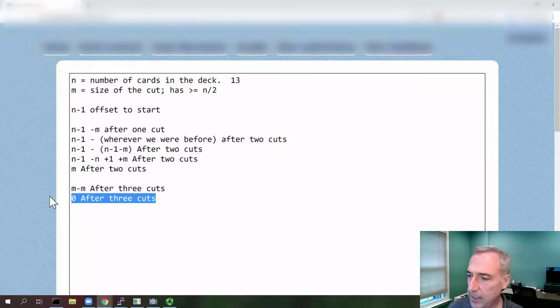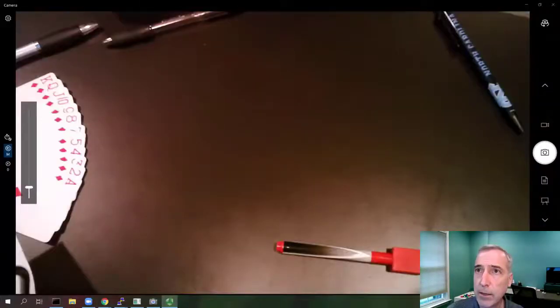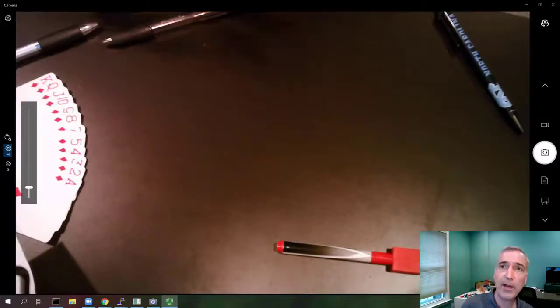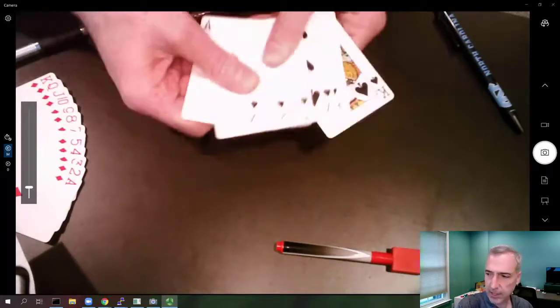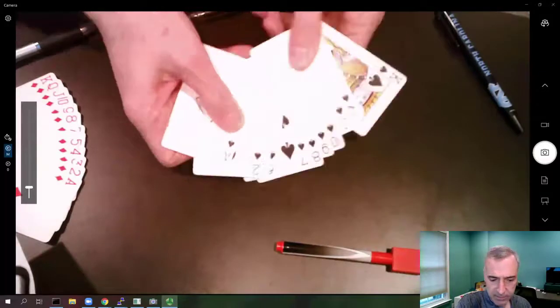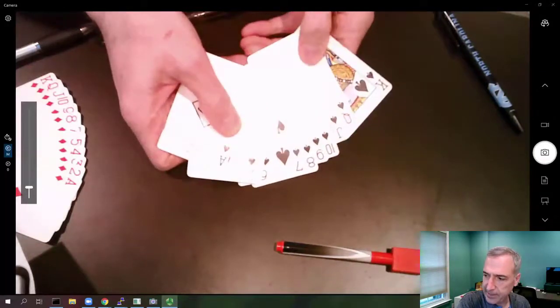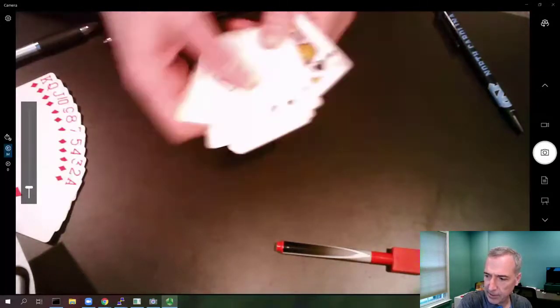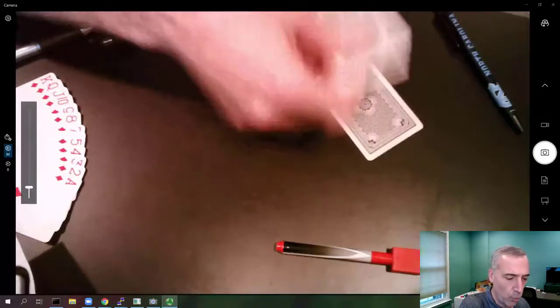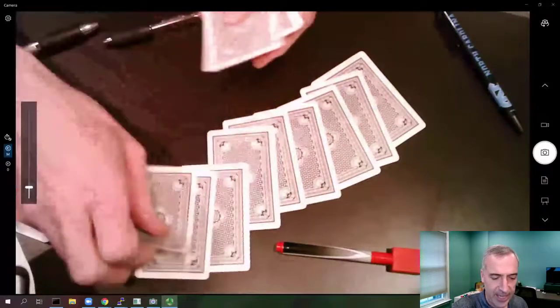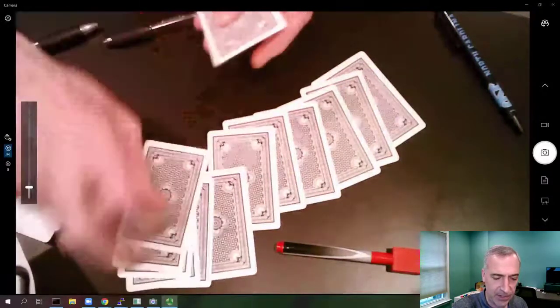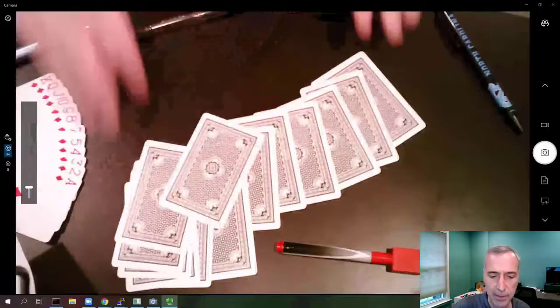Okay, let's do it one more time, but let's pick offset 12. So let's show the deck, the ace. The lighting isn't great. But let's do 1, 2, 3, 4, 5, 6, 7, 8, 9, 10, 11, 12, and throw the deck on top.